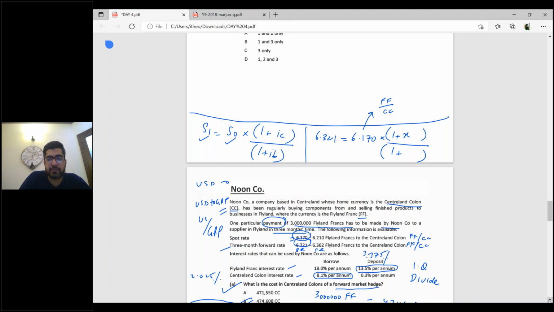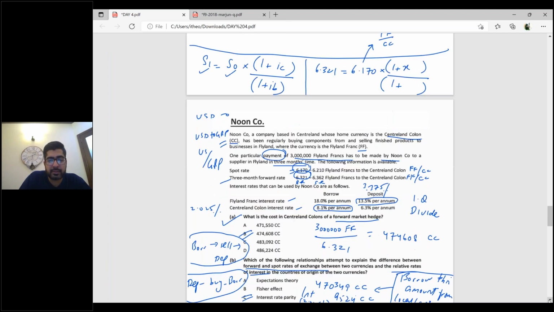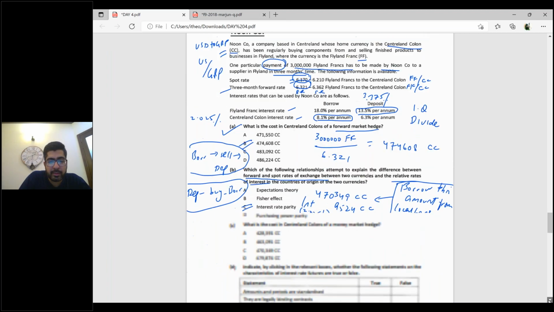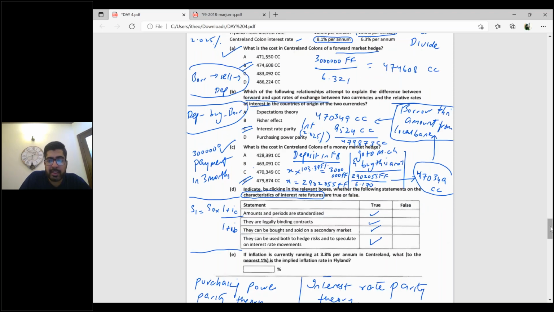So the inflation rate of Flyland is X, and inflation is 3.8% per annum in Centerland.